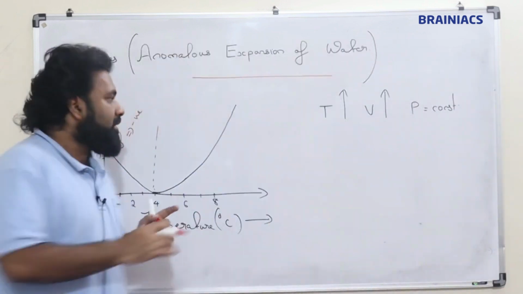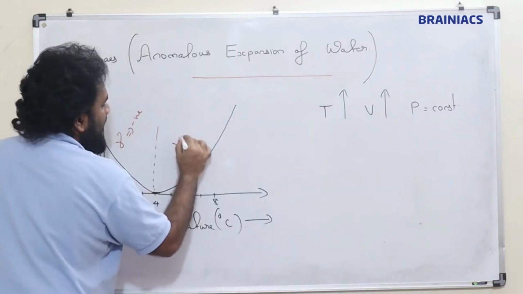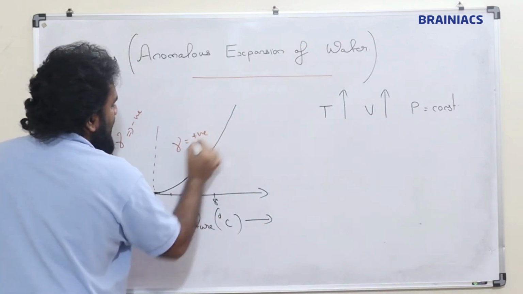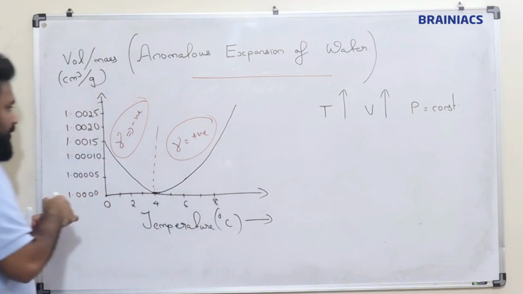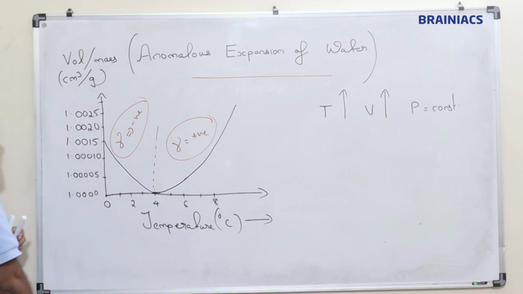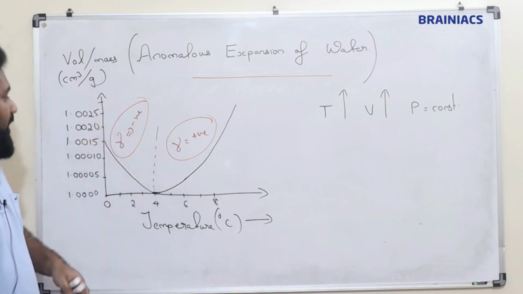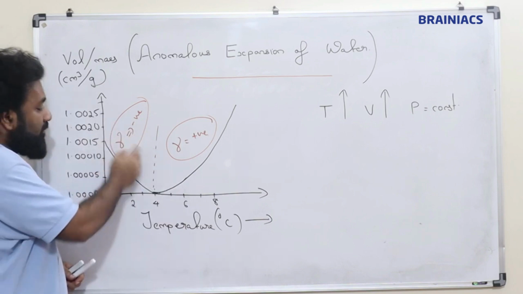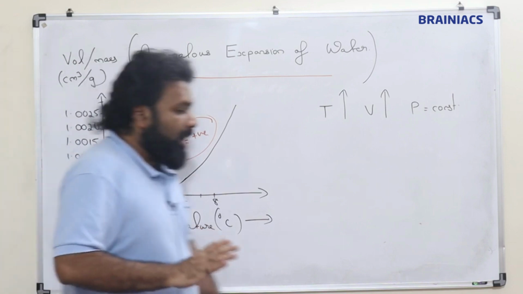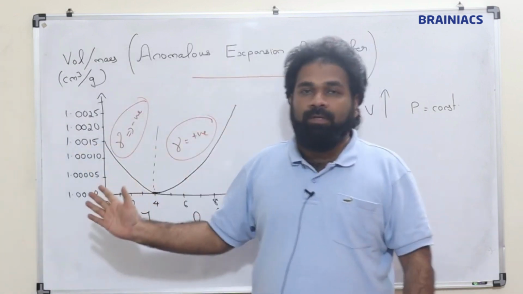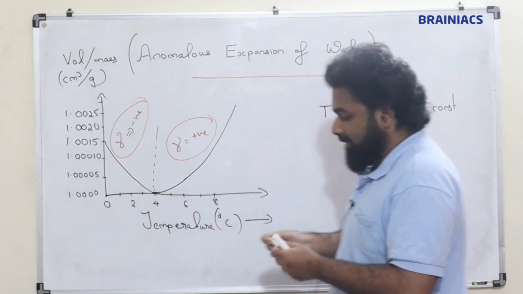So it is only after 4 degrees Celsius that the temperature coefficient of volume expansion is positive; negative till 4 degrees Celsius and positive after 4 degrees Celsius. Now, what is its advantage when we look at nature?